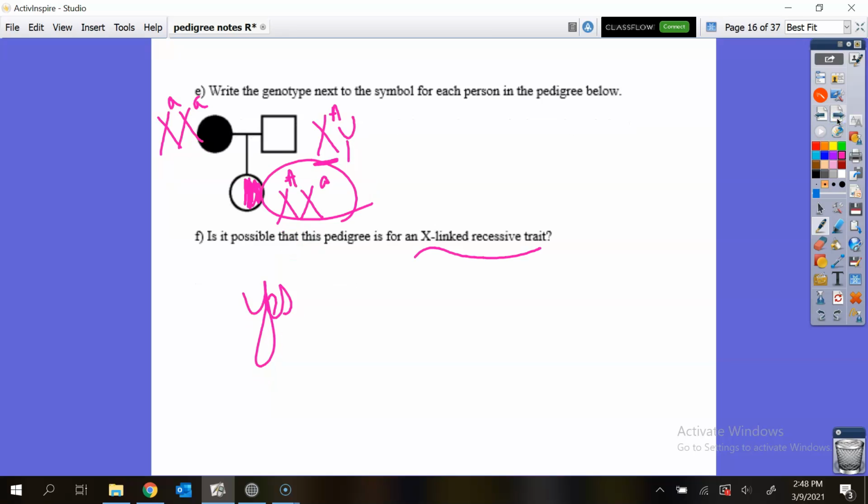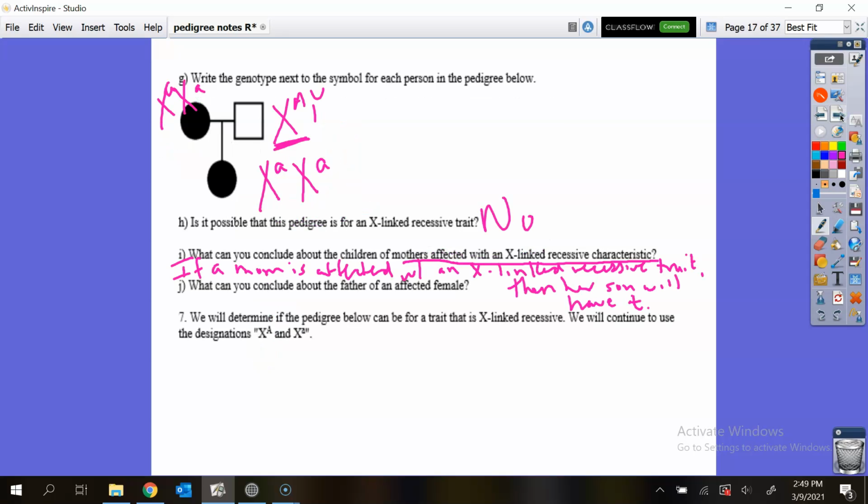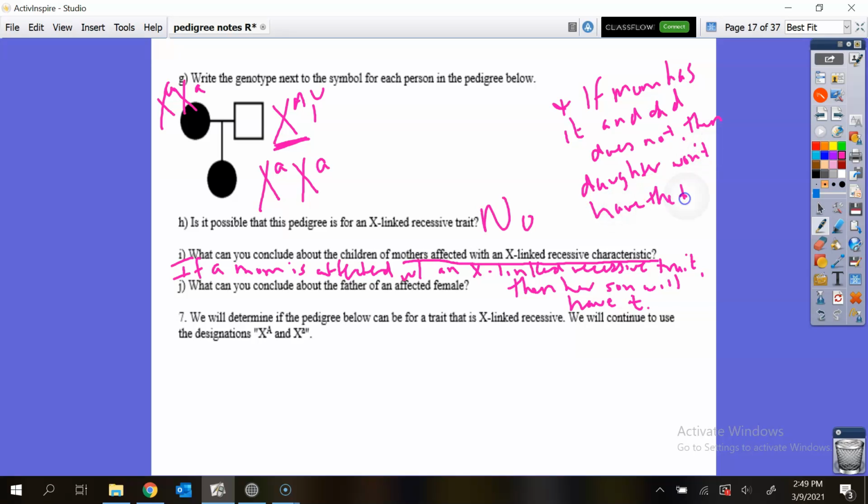Now, if mom has it, but dad does not, then the daughter won't have the trait, because again, dad gives his daughter the X. So in this case, the daughter, this cannot be possible.